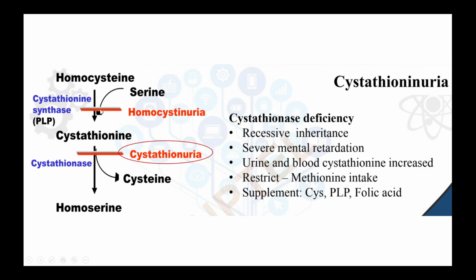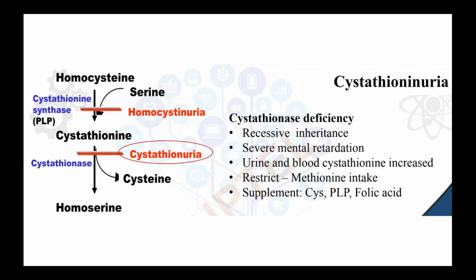Now, cystathionine gets converted into homoserine and cysteine by the enzyme cystathionase. So I told you homocysteine along with serine forms cystathionine. Cystathionine gets broken down into homoserine and cysteine, and the enzyme that does this is cystathionase.